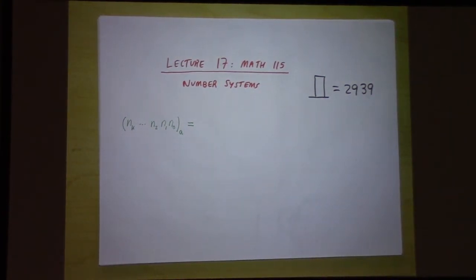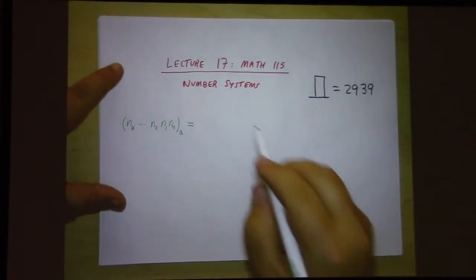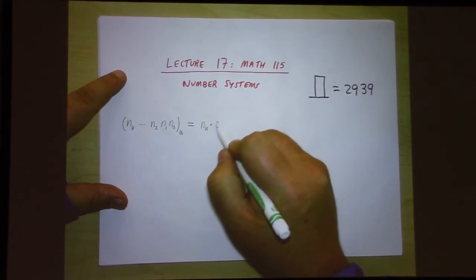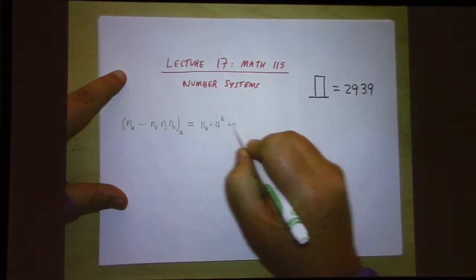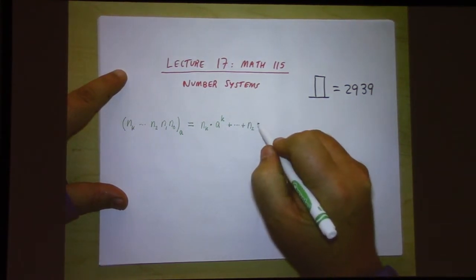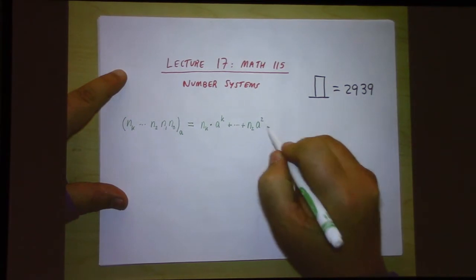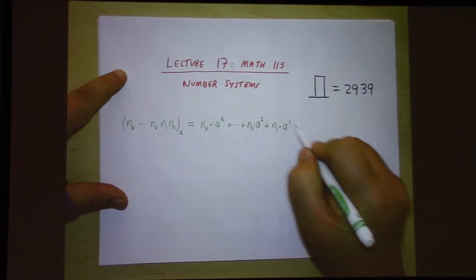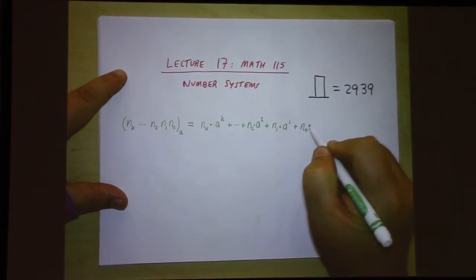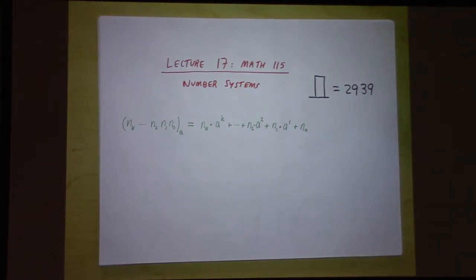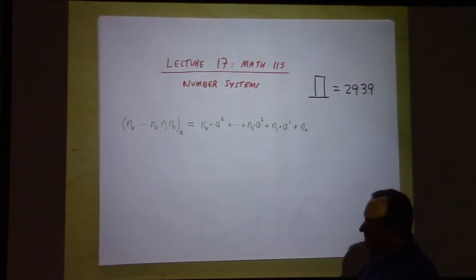If that's the situation, what that's equal to is n sub k times a to the power k plus, and so forth, all the way down to n sub 2 times a to the 2 plus n sub 1 times a to the 1 plus n sub 0 times a to the 0, but a to the 0 is 1, so we don't really need to write that. This is a representation of a number in another base.